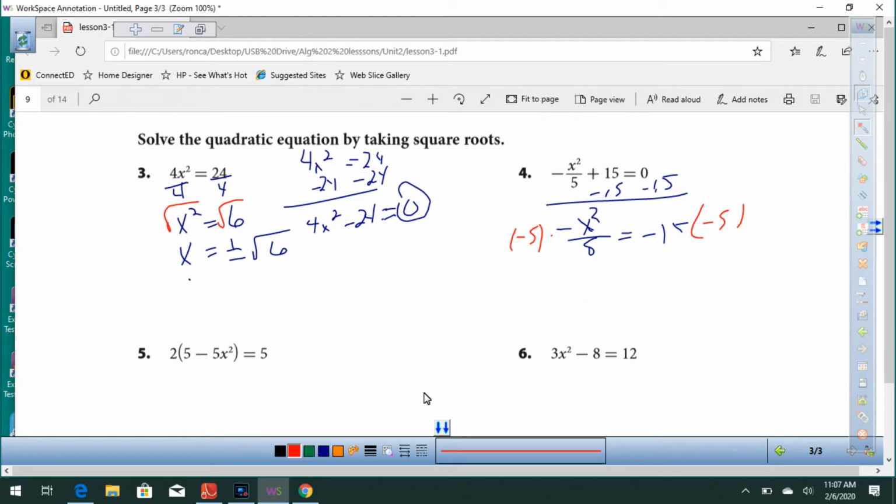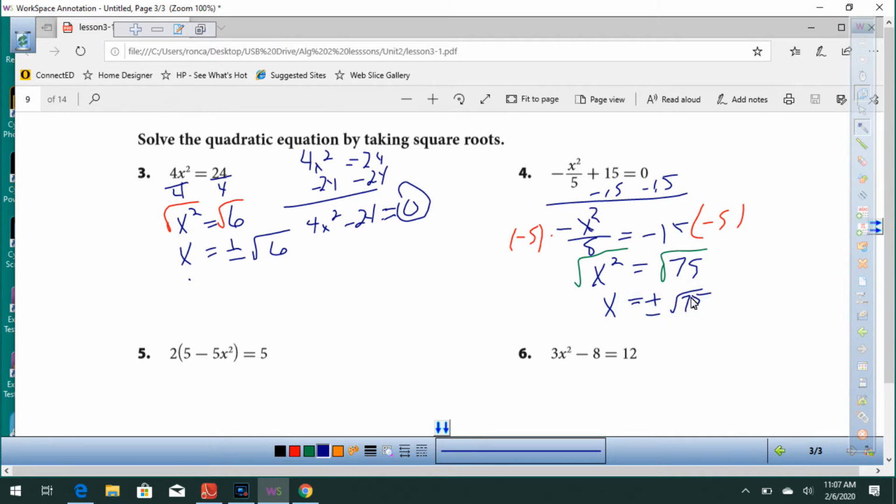That's going to give us x squared equals 5 times 15, that's 75. Take the square root of both sides, and we get x equals plus or minus the square root of 75.